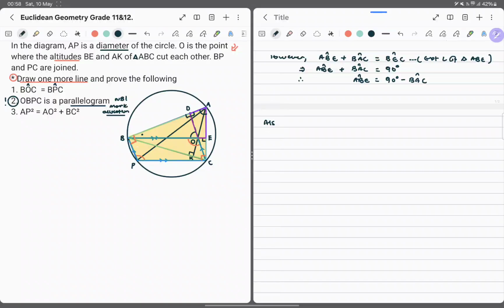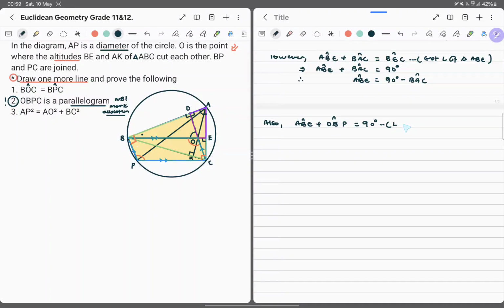We can say here also, we know that basically ABE plus OBP is equal to 90 degrees.